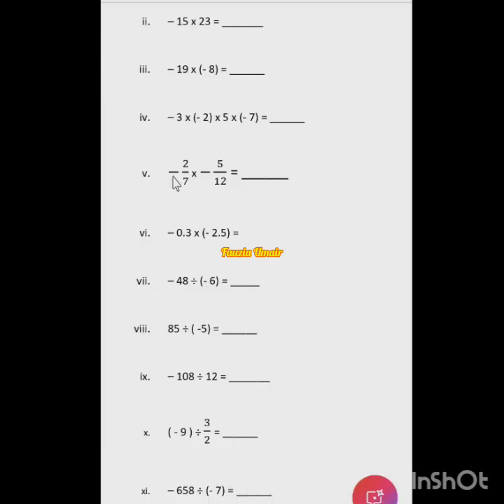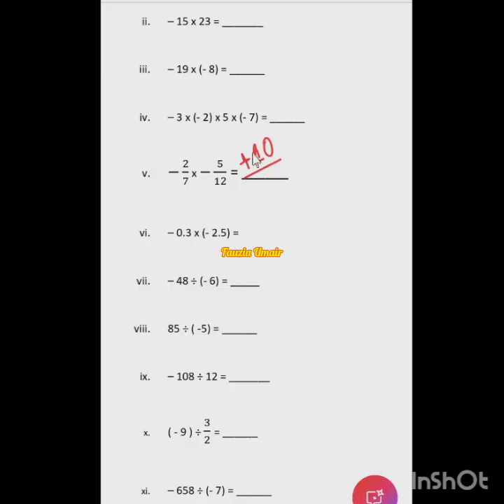So then what would be the answer of this? Minus 2 by 7 into minus 5 by 12. Ma'am, what would be the sign? They're like terms, so the sign would be plus. That's right. And then the numerator would be 5 twos are 10, and the denominator would be 7 into 12. Ma'am, 1 minute.